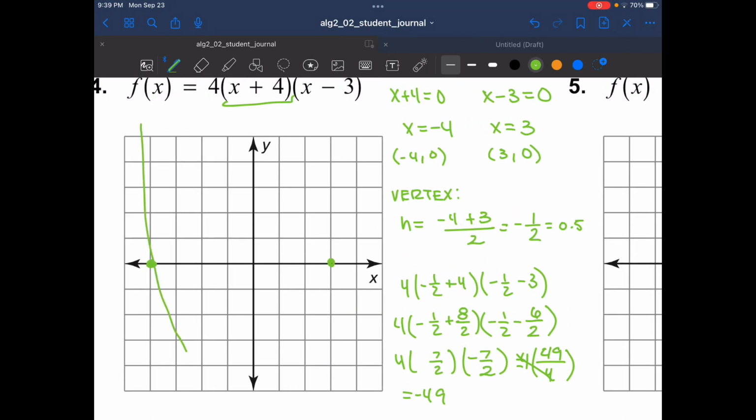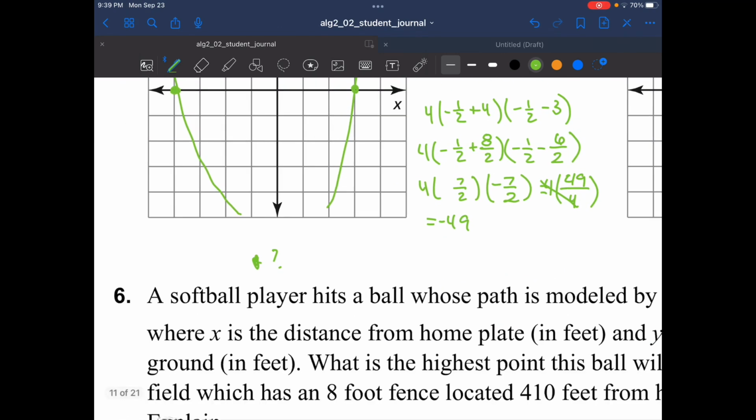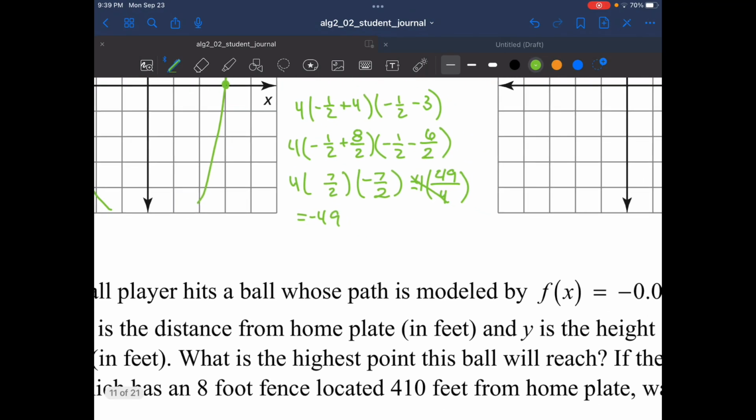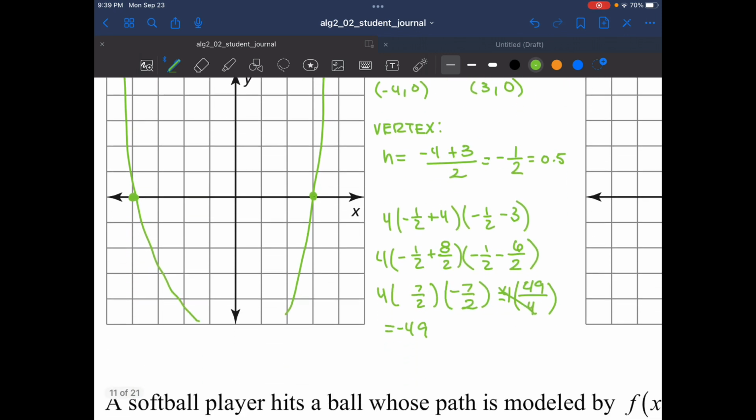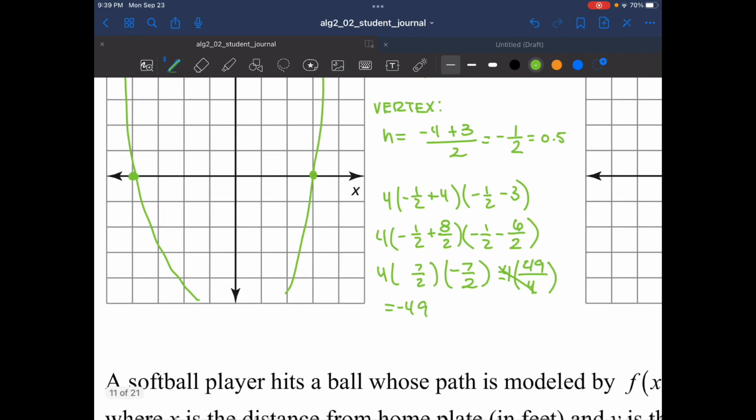Okay. So I'm just going to do this. Call it a day. Okay. So that means that my vertex is at negative 1/2, negative 49.